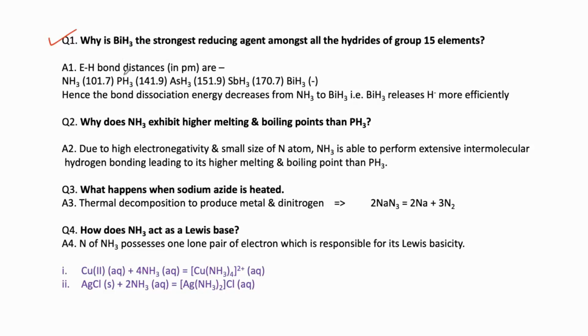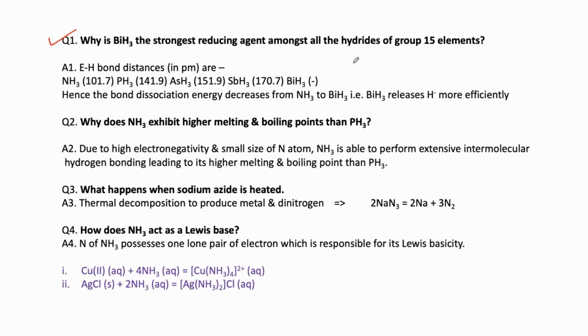Now the EH bond distances in picometer: NH is 101 picometer in NH3, PH3 is 142 picometer, arsenic 152 picometer, and SbH3 has a bond distance of 171 picometer. And the BiH bond distance hasn't been calculated yet.